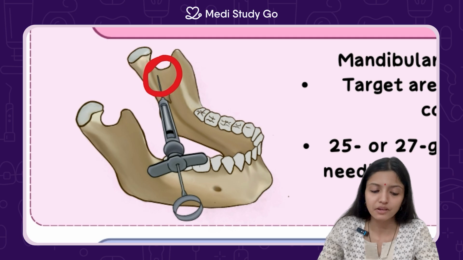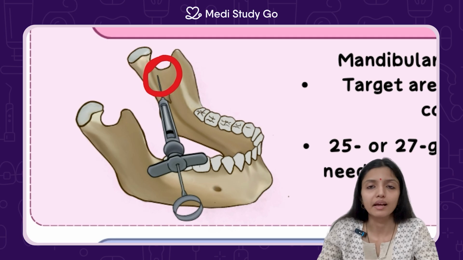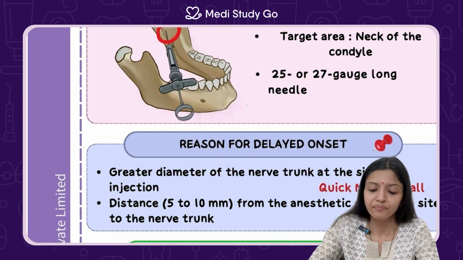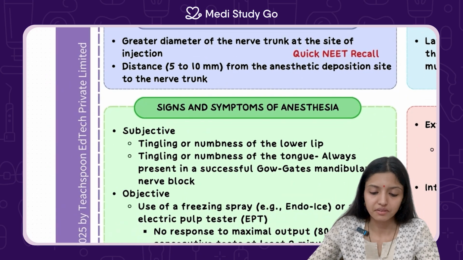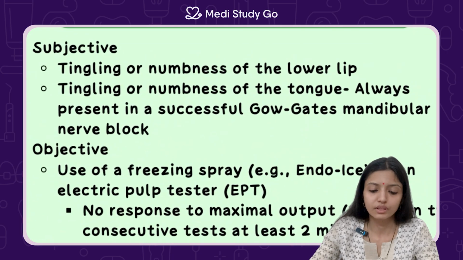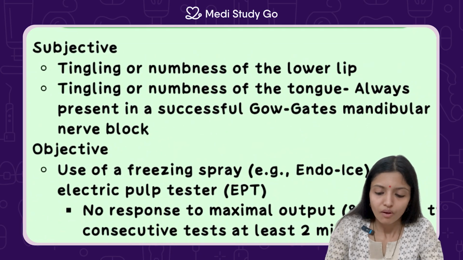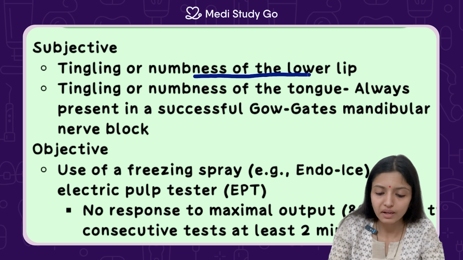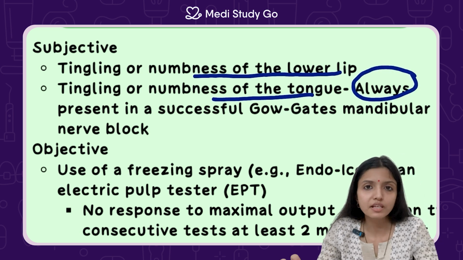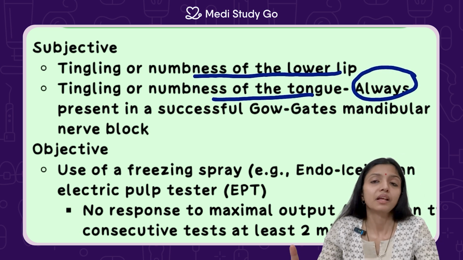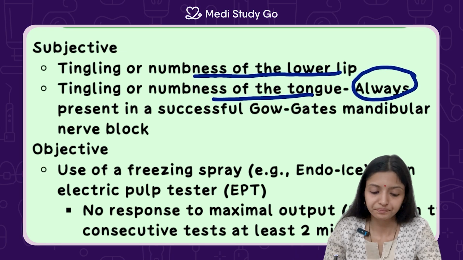You advise the patient to wait for a little while, and then you ask about the objective and subjective signs and symptoms. So the subjective signs and symptoms would be tingling and numbness of the lower lip. Tongue will always be numb when you give a proper Gow-Gates nerve block.